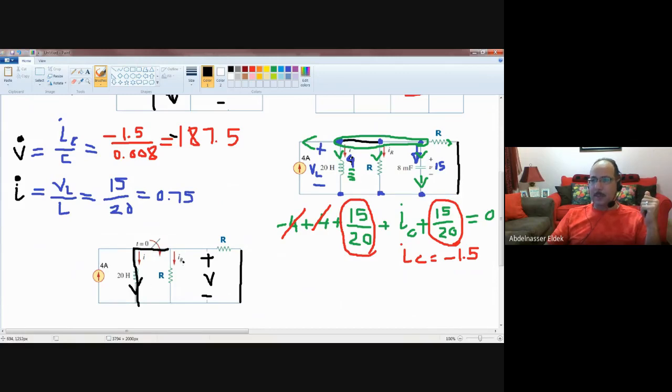So this short circuit will cancel this resistor, and will cancel the other resistor also, because they are all in parallel. R and R now are in parallel, and they are parallel with the short circuit created by the inductor. So 4 ampere will pass through this one here. The current will pass through the short circuit.